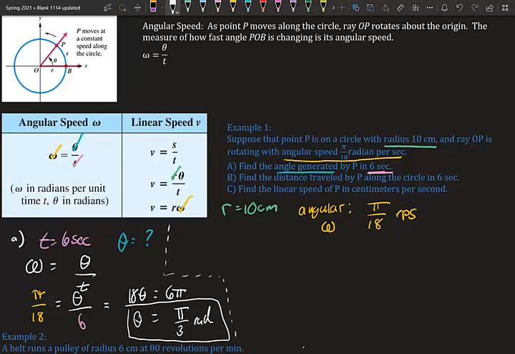So now, pay attention to what we have. Now we have r, we have angular speed, which is omega, and now we have theta. Find the distance traveled by P along the circle in 6 seconds. Alright, so B, we're trying to find our distance.